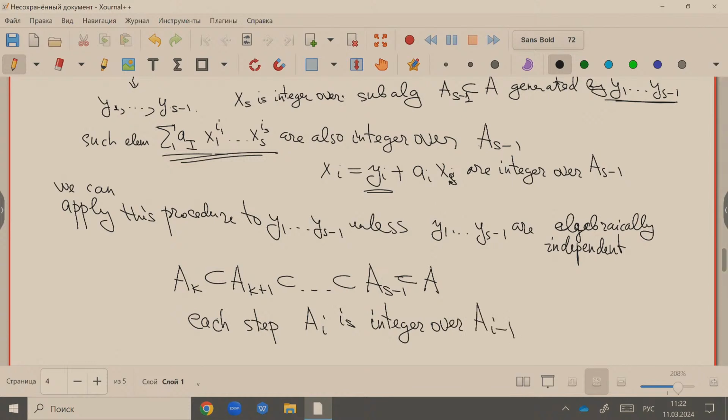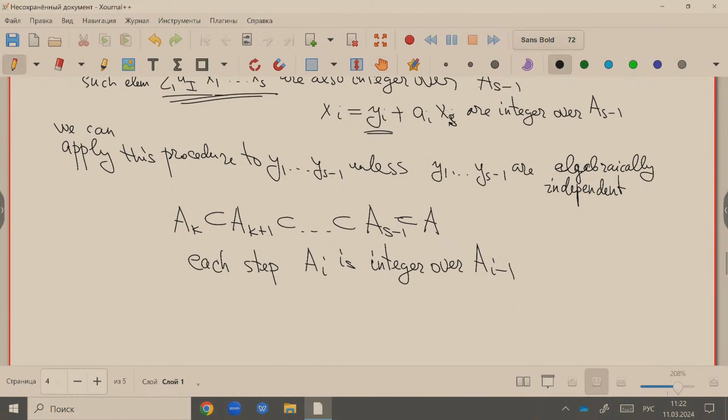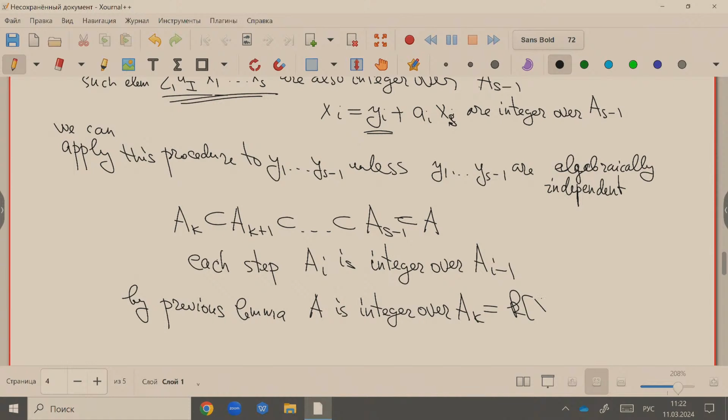By the previous lemma, we get that A is integral over Ak, and this is a simple polynomial algebra K of x1 tilde, ..., xk tilde.